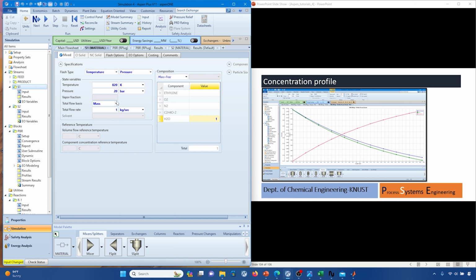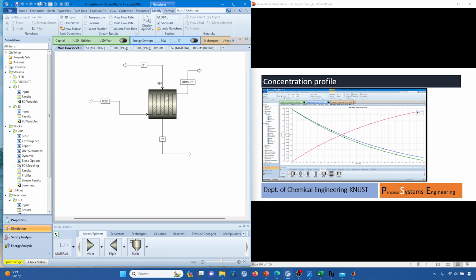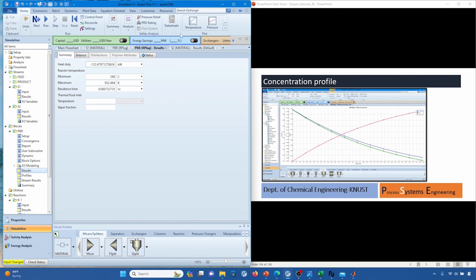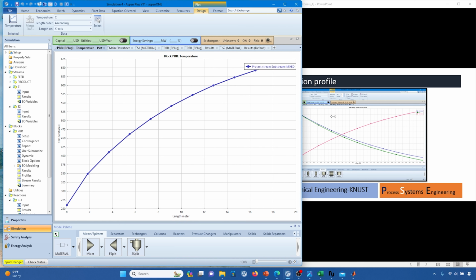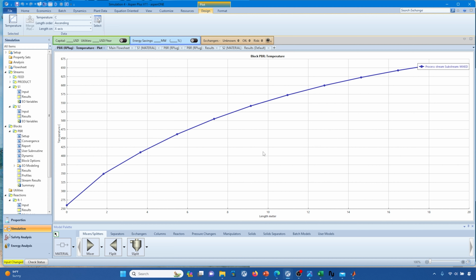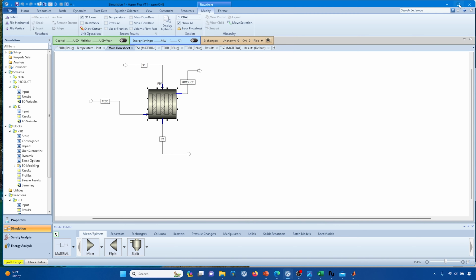We see that changing that value can affect how much we're able to do. And we can go back to the results and get the plot again. And we see we spoke of a profile for the temperature, and that is what we have.